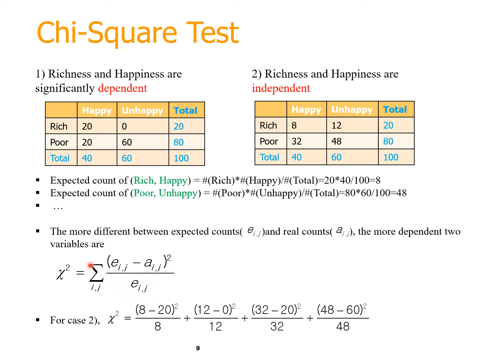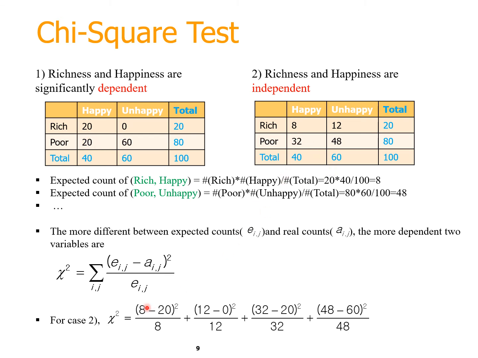Okay, and you do summation for every combination of i, j. So it works like this. For every cell here, you calculate the difference between these, square it, and do the same for each of the other pairs.